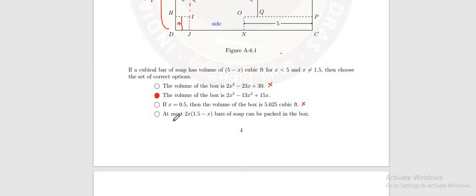Moving on to the third one, the last one. At most 2x into 1.5 minus x bars of the soap can be placed in this box. So for finding out the number of bars, you are going to divide the complete volume of the box by one single volume of the soap, which is given, that is 5 minus x.